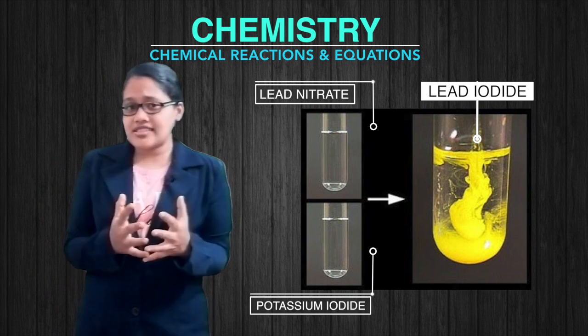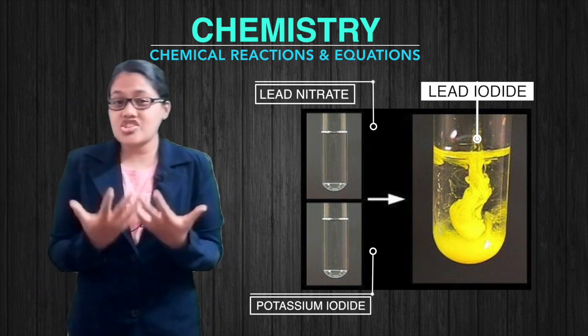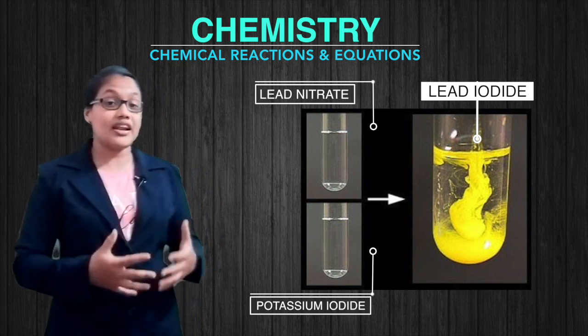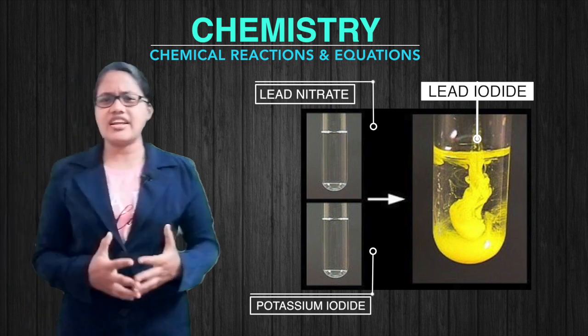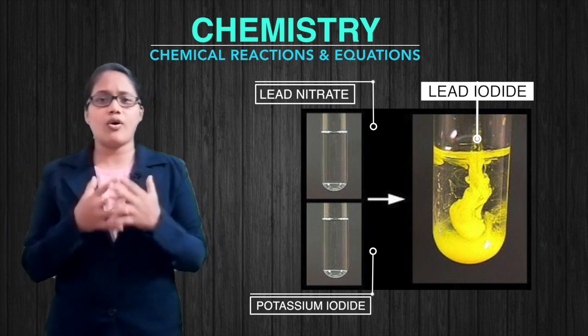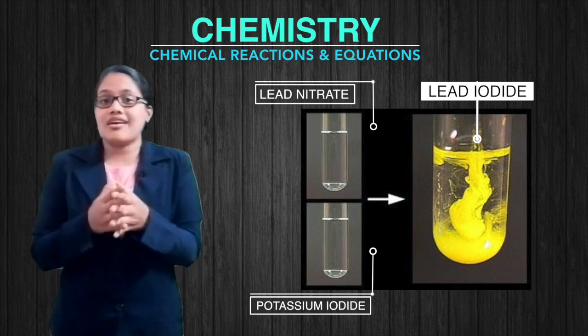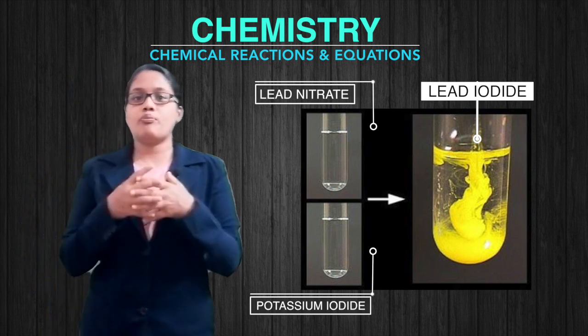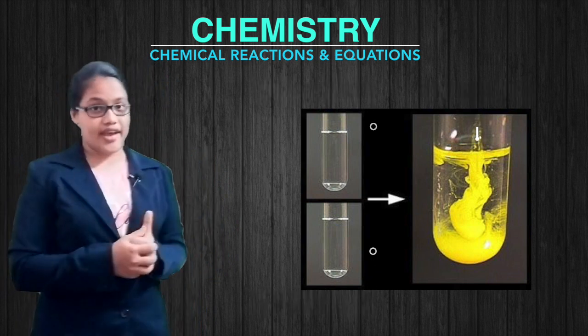Previously, we can see that we had clear solutions, and after the reaction has taken place, the color changes to yellow. So change in color and change in temperature are also characteristic features of chemical reactions. Both these were observed in the previously discussed reactions.